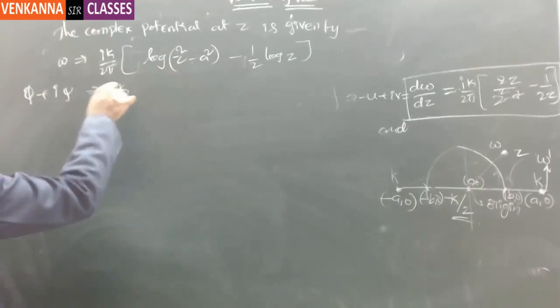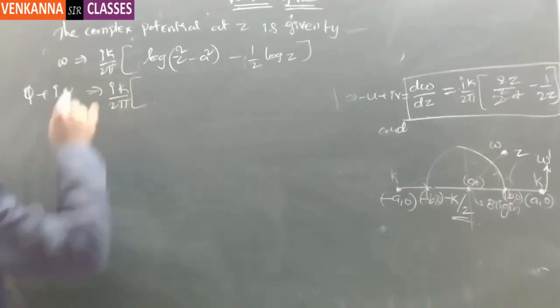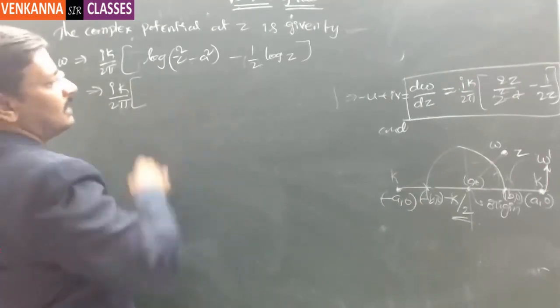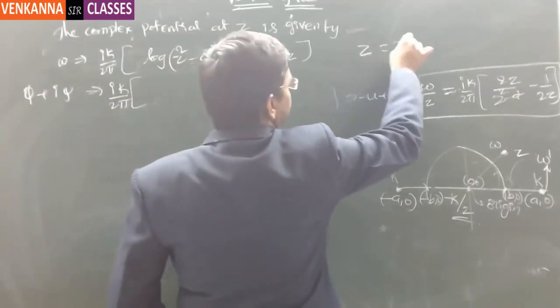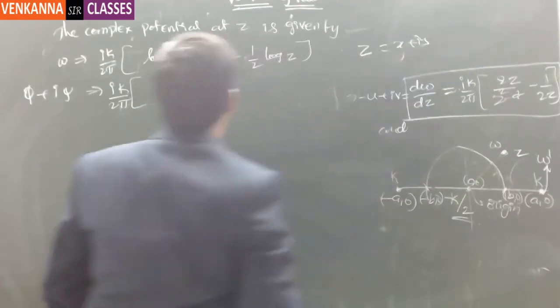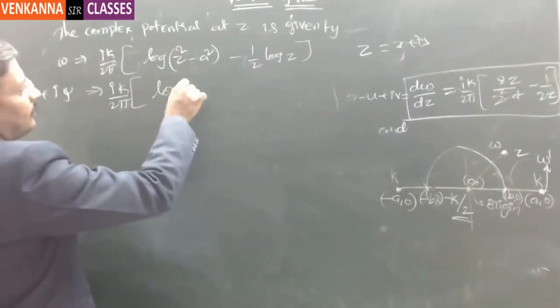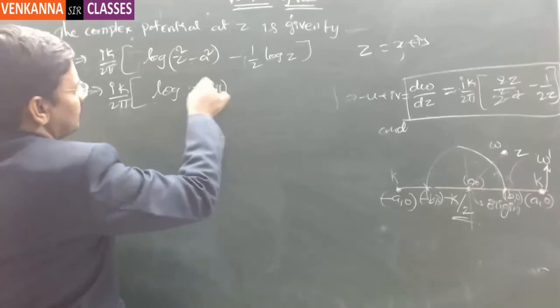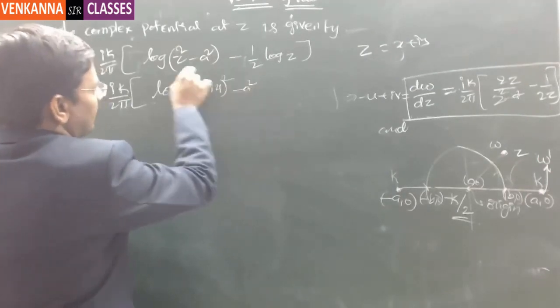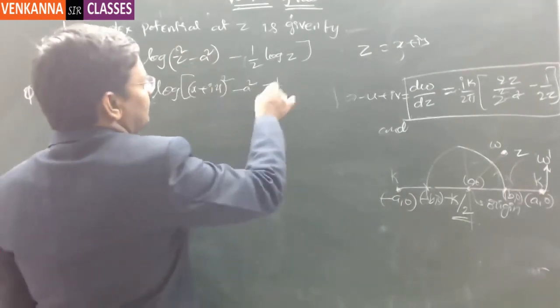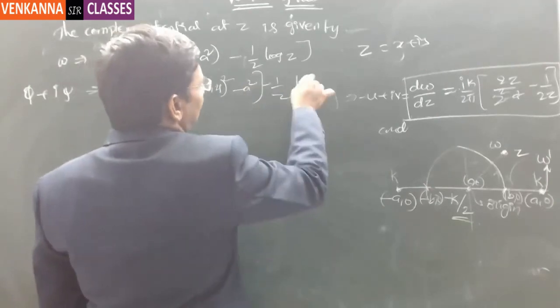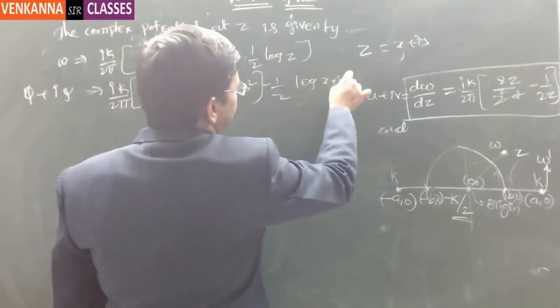This you can further simplify as ik by 2 pi times of this, if you write z as x plus iy: log of (x plus iy) whole square minus a square, minus 1 by 2 times of log of x plus iy.